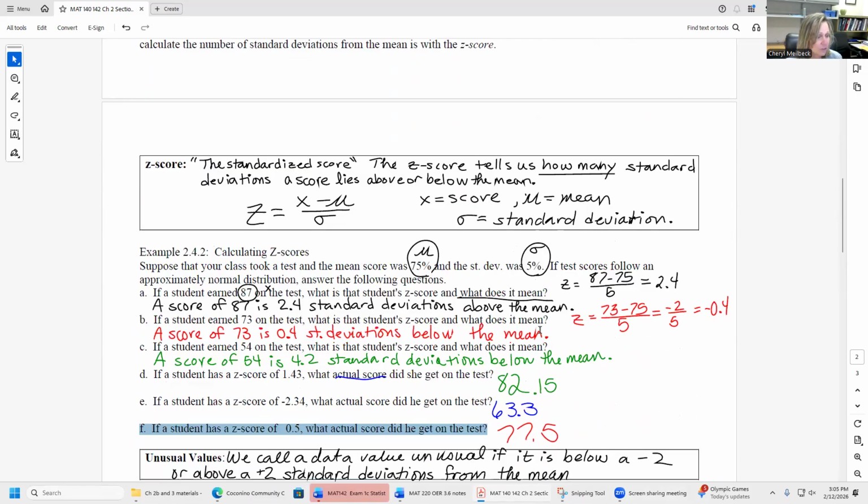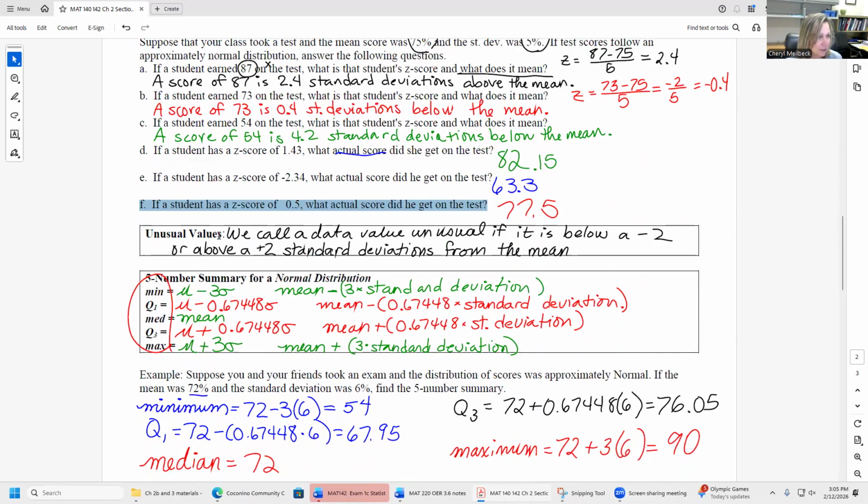So when we're defining unusual values, we use that 2 standard deviation measure. We call a data value unusual if its z-score is below -2 or above 2 standard deviations from the mean. And remember, the z-score gives us that standard deviation. So that's what we call unusual values.